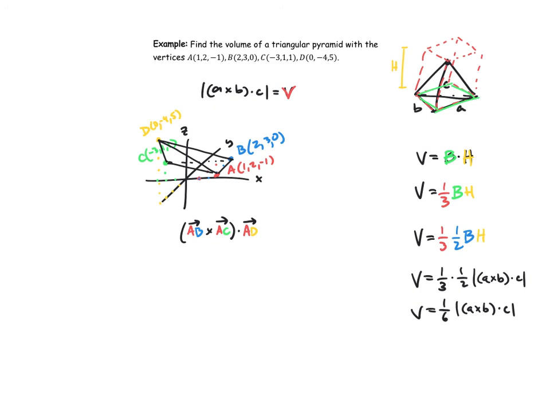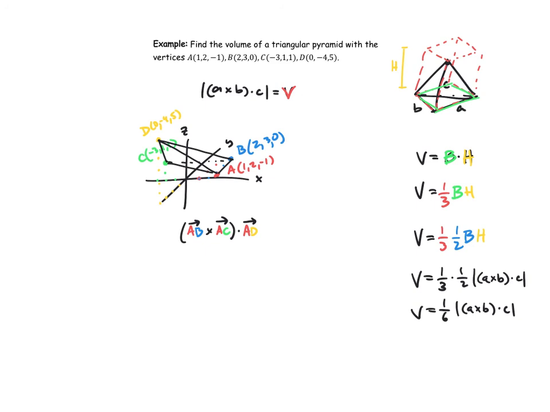So the 2 vectors that you cross come out of A, and the 3rd vector that you dot it with also comes out of A. Okay, so let's find this, and then we'll multiply by 1/6 and take the absolute value, and we should be good to go.